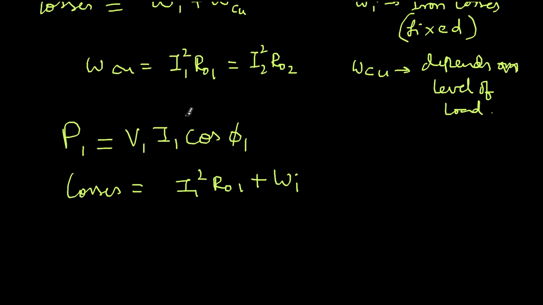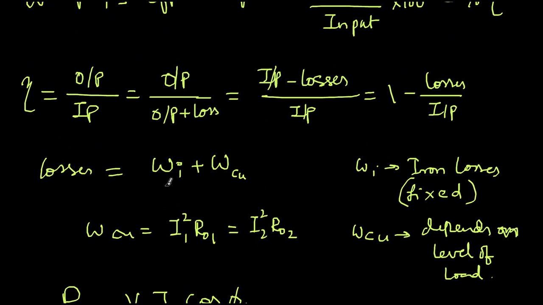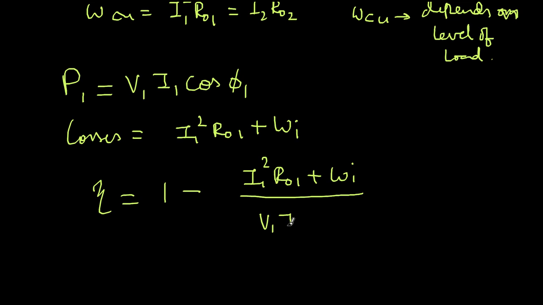So how do we do that? If you look at all these formulas, I'll use the last one: efficiency is 1 minus losses by input. So 1 minus (I1 square R01 plus Wi) divided by the input, that is V1 I1 cos phi 1.